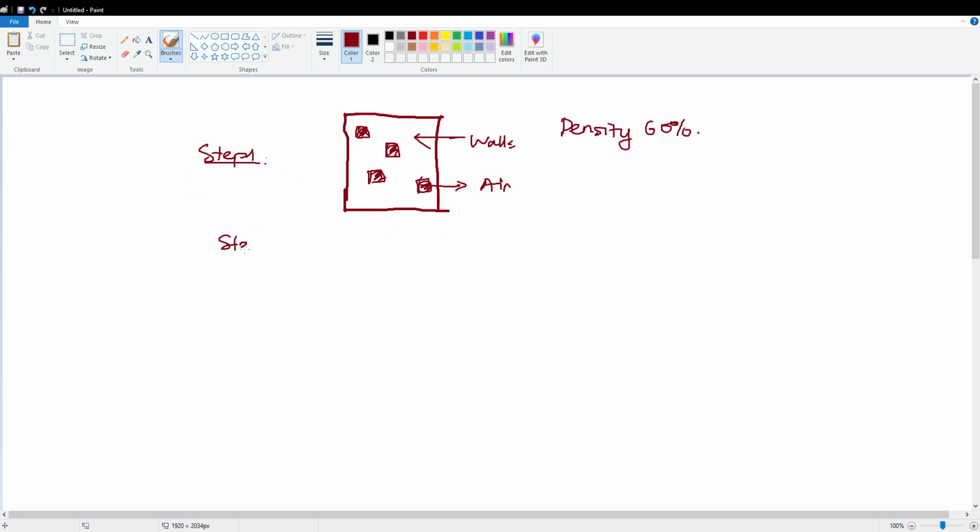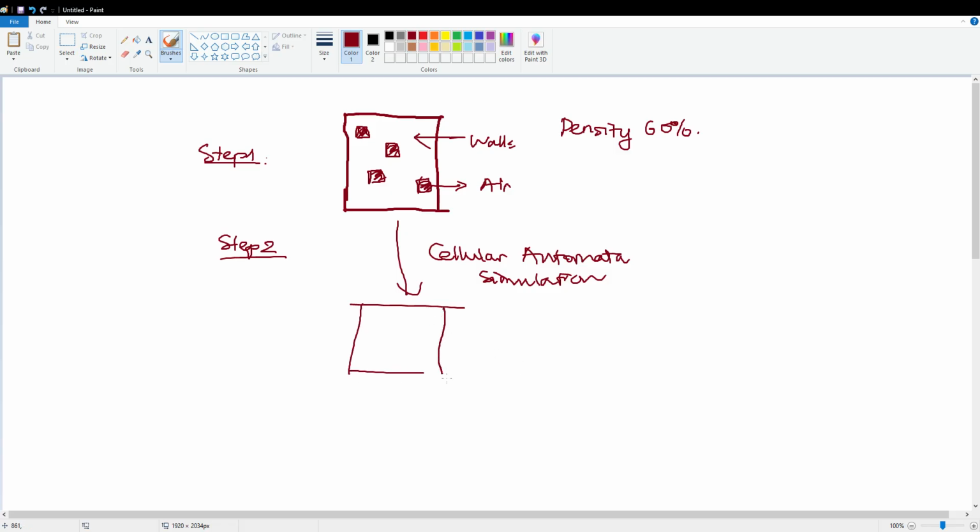And step two, we're gonna run this through a cellular automata simulation to generate caves, right? Caves like this.